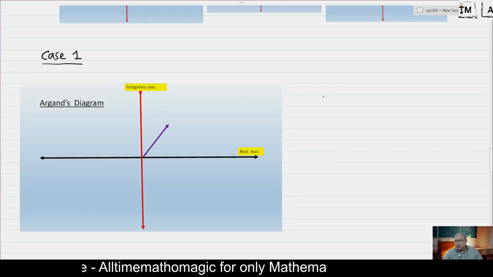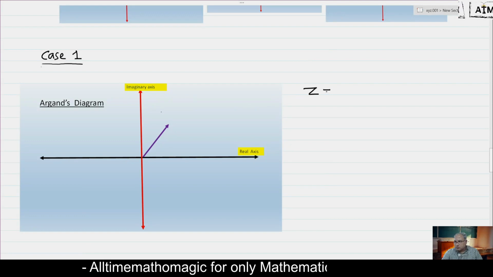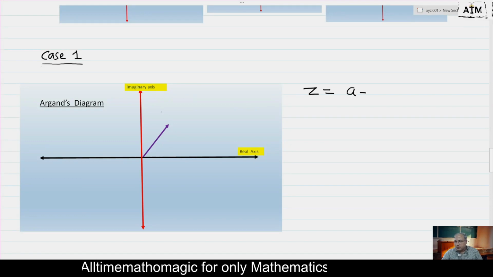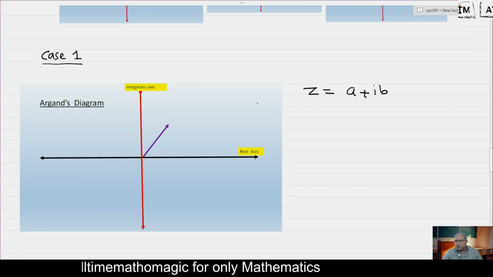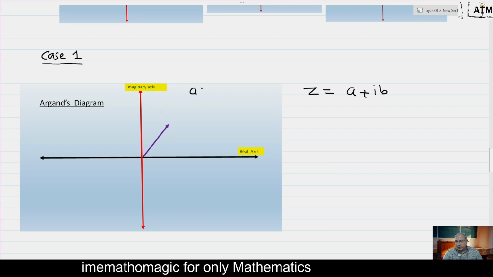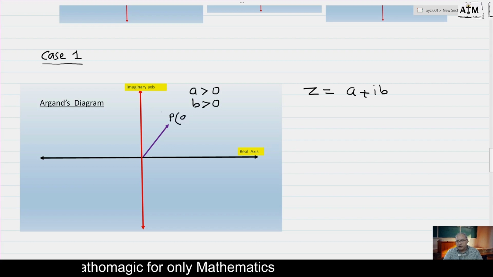Now for case number 1, consider the complex number to be a plus ib. For the first quadrant, a is greater than 0 and b is also greater than 0. Therefore, the point P can be written as (a, b).